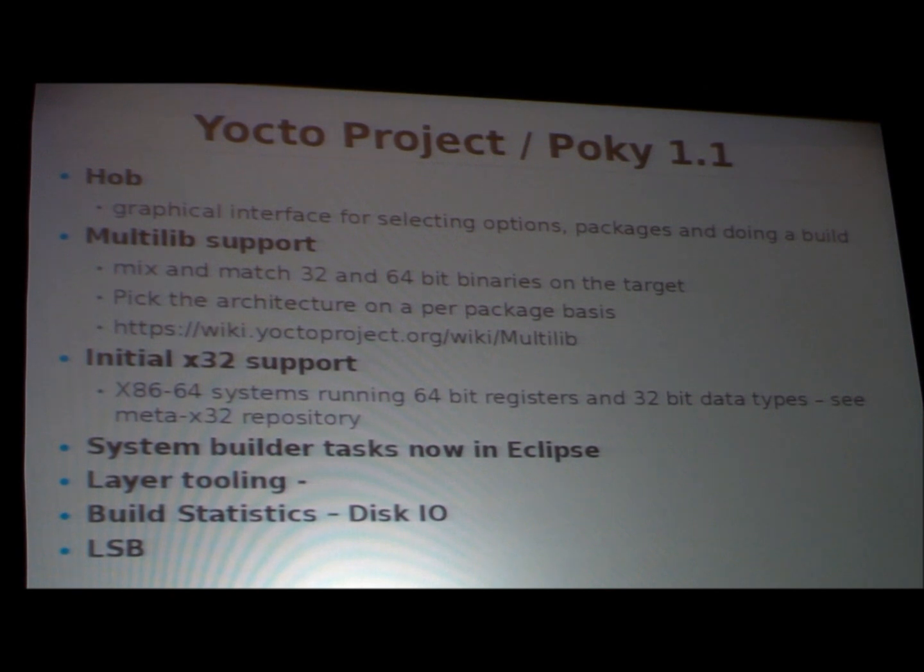We've introduced multi-lib support to let you mix and match 32 and 64-bit binaries on targets. You can pick architecture on a per package basis. And if you want more information about that, you should go to the wiki and read up on multi-lib.